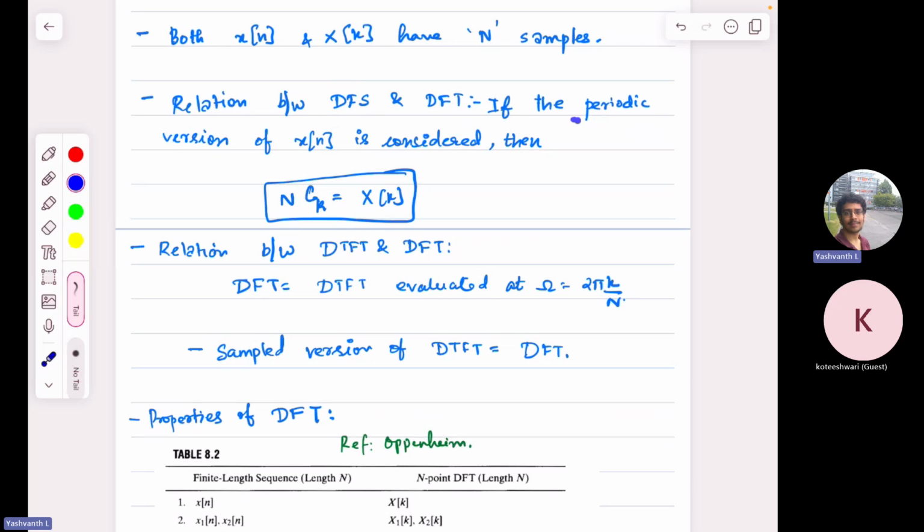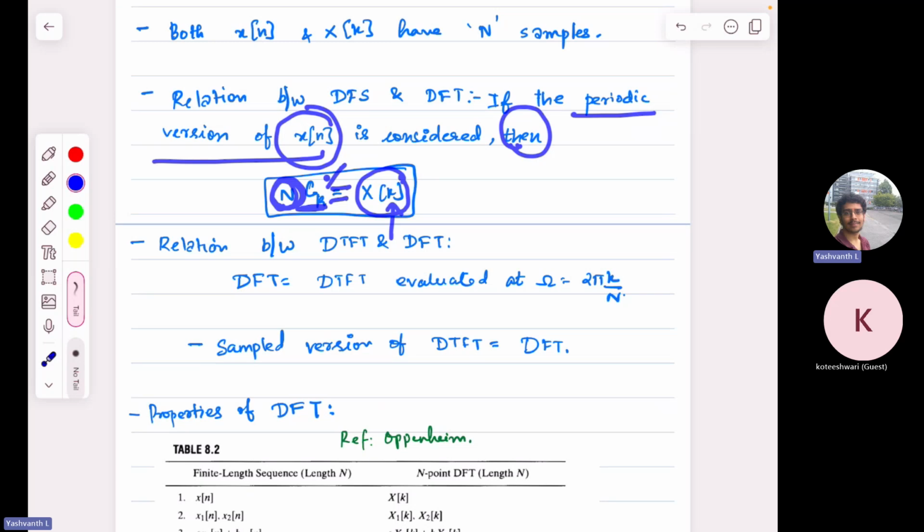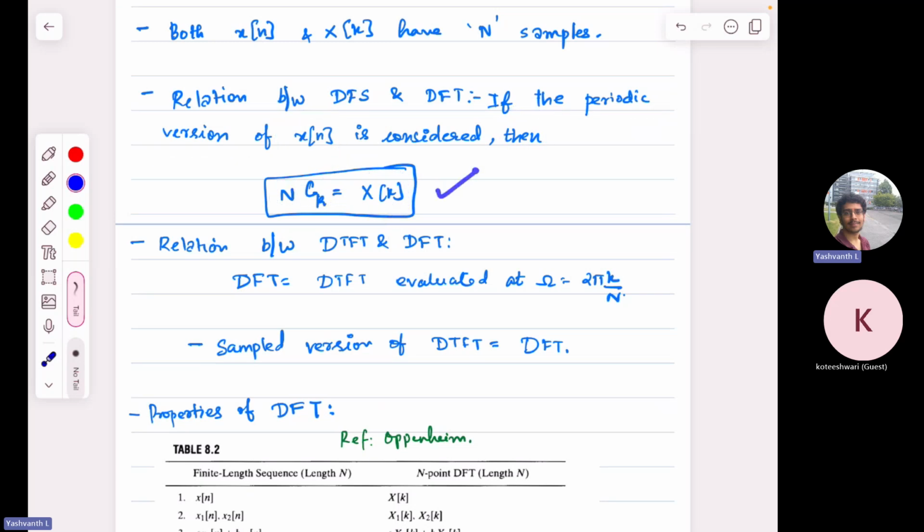So if I consider a periodic version of your x of n, then the corresponding discrete Fourier series coefficient at the kth frequency bin, times N, where N is the number of time domain samples in a period, will be equal to the discrete Fourier transform coefficient X of k, where k is the same frequency bin at which you are computing the discrete Fourier series coefficient. Okay, this is a relation between the discrete Fourier series coefficient and discrete Fourier transform coefficient for any signal x of n.